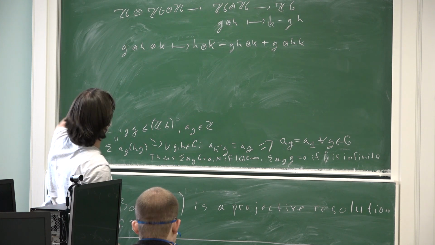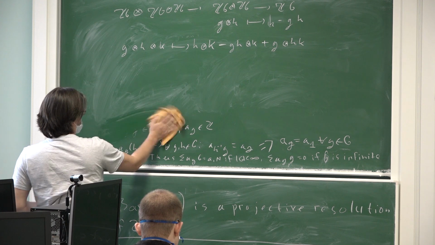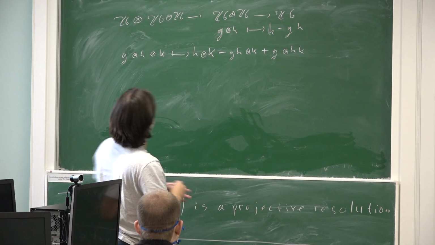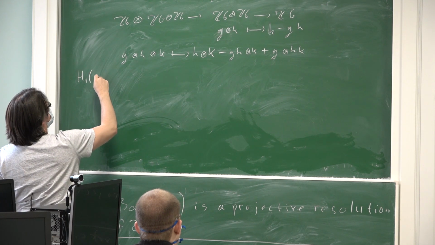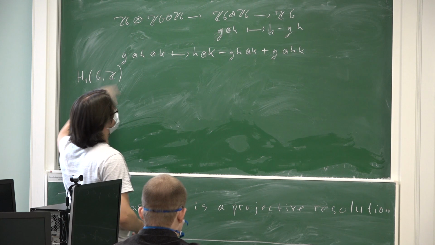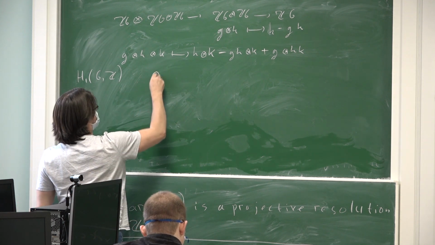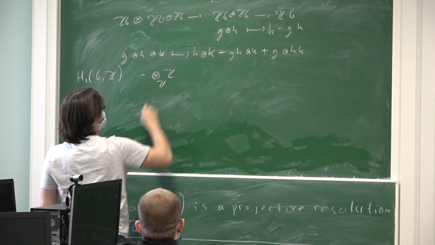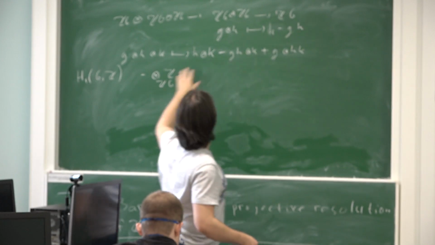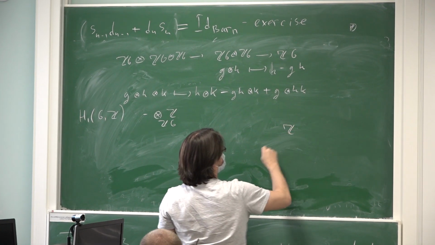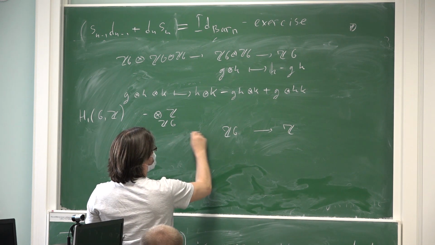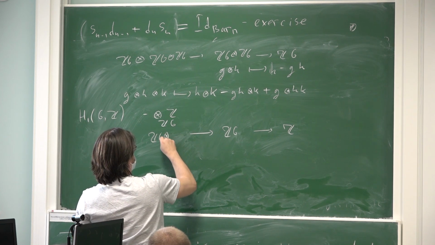So we want to compute H1 of G with coefficients in Z. To do this, we need to apply the functor tensor over ZG with Z. And we know that if we multiply ZG by this, we get Z. So we get a sequence: Z, here ZG, here ZG tensor ZG.